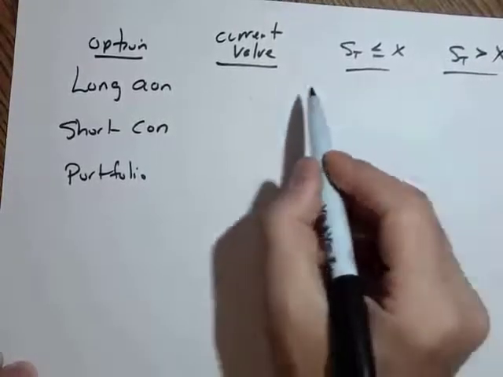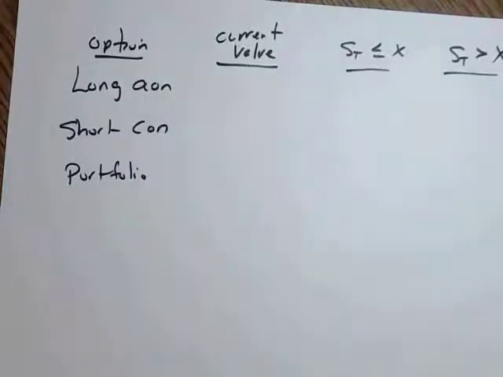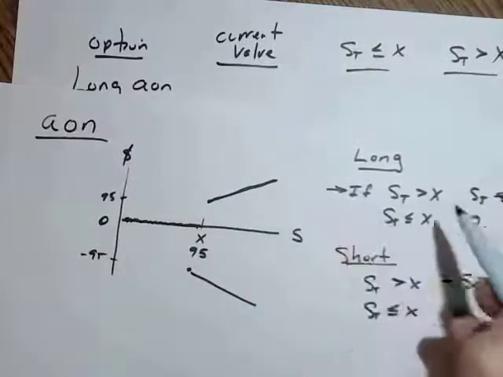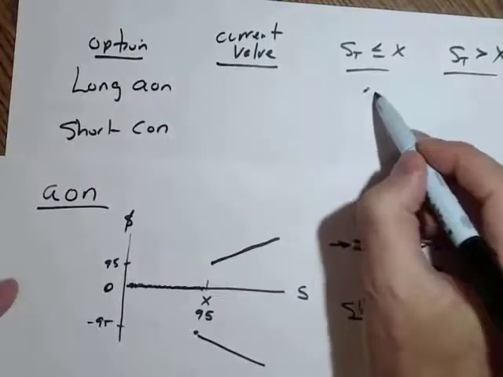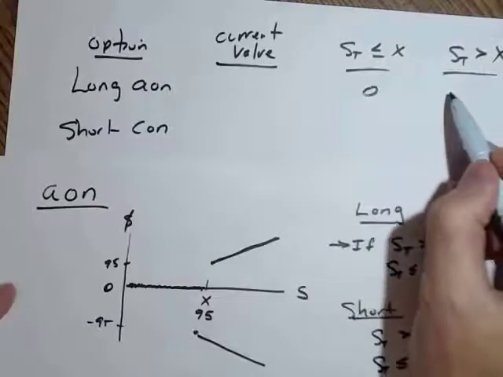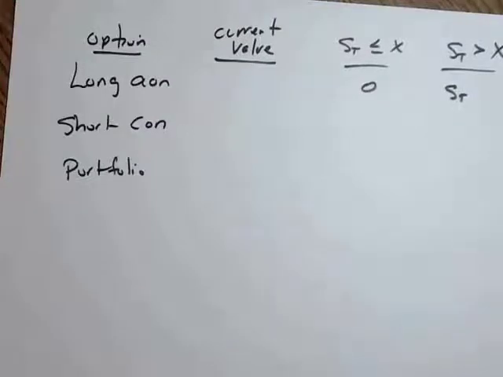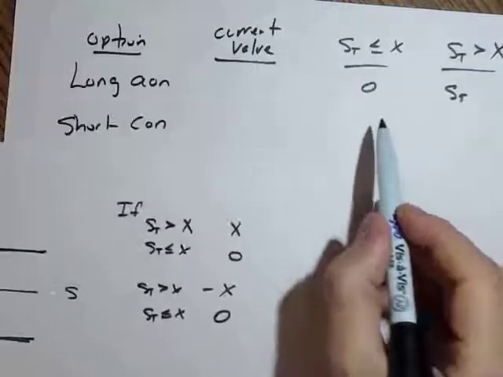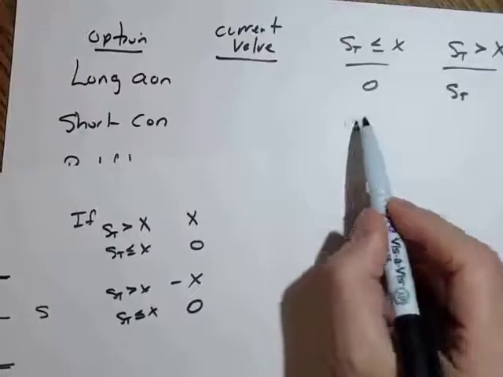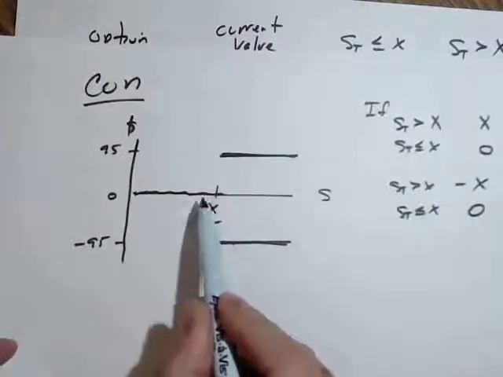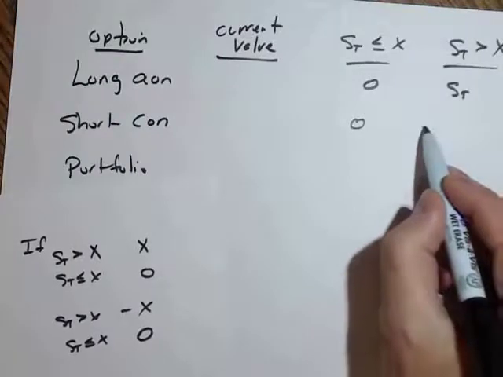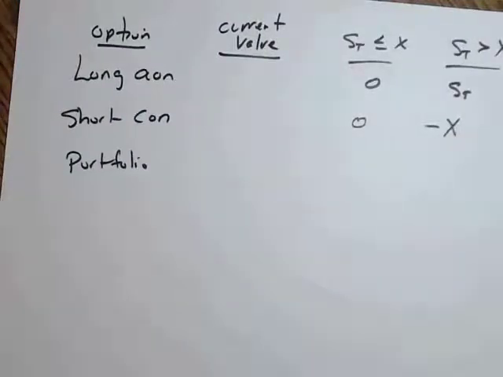Okay, now with the long asset-or-nothing, when the stock is less than the strike, the payoff is 0, and when it's above, it's simply ST. Not too bad. Now, with the short cash-or-nothing, the payoff is going to be 0 when the stock price is less than the strike, or it's going to be minus the 95, which is minus the strike in the example that I provided.